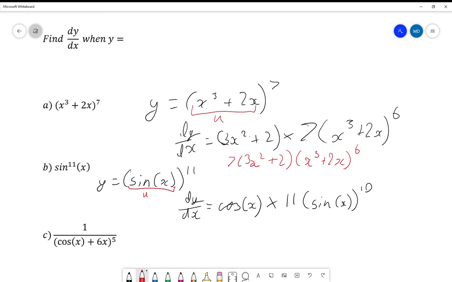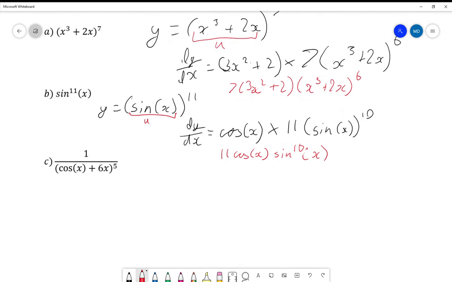And then again we can simplify it and we get 11 cosine x (sine x) to the power of 10. There we go.